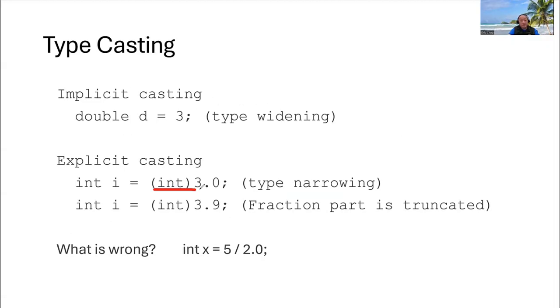So here you have 3.0, you force it to integer, you lose all the bits right here. Same thing here, 3.9, you lose over here. So these two get the same result of 3. This is a truncation of the fractional part. So this one, x equals 5 divided by 2.0, the right-hand side is a double, assigned to a left-hand side integer. That's actually wrong. That's not allowed.